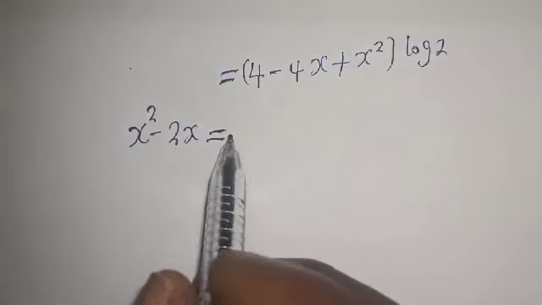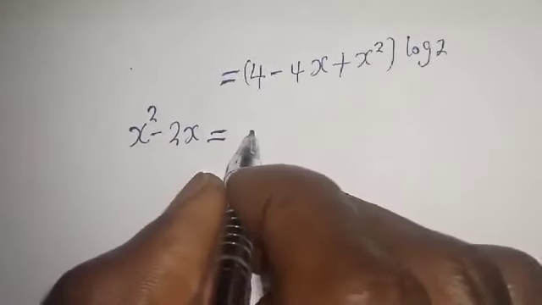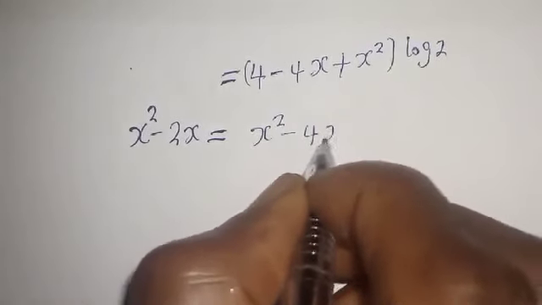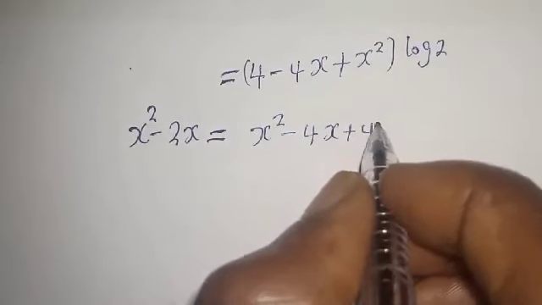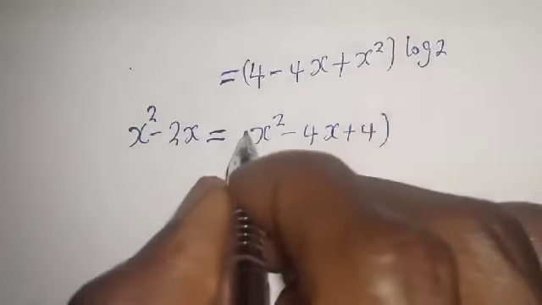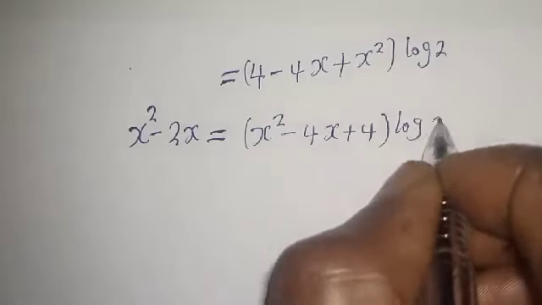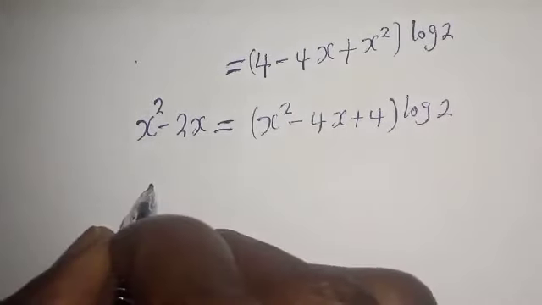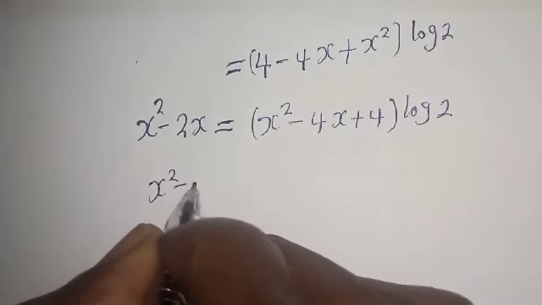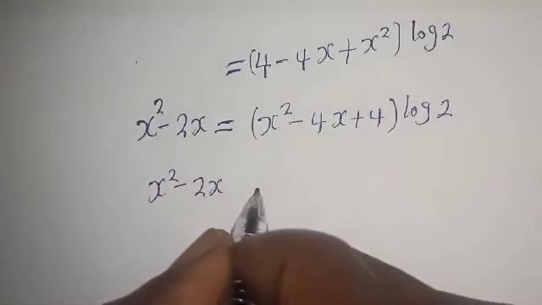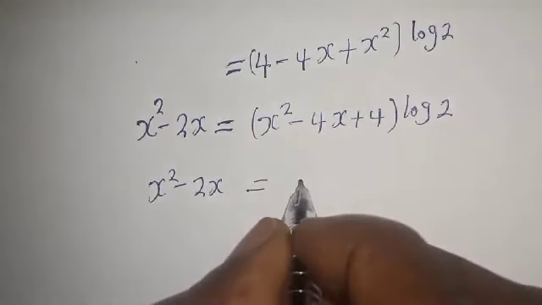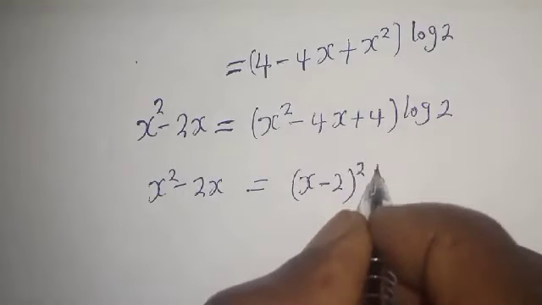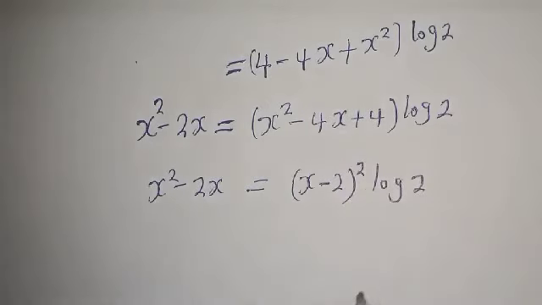Then x squared minus 2x will be equal to, if you rearrange this, we have x squared minus 4x plus 4 log 2. Then this is x squared minus 2x is equal to, here is x minus 2 squared log 2.